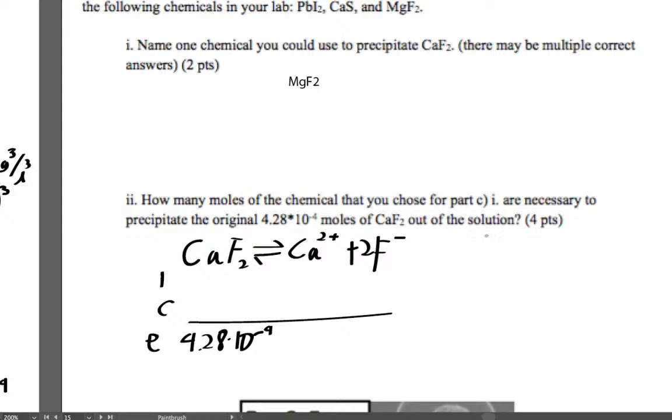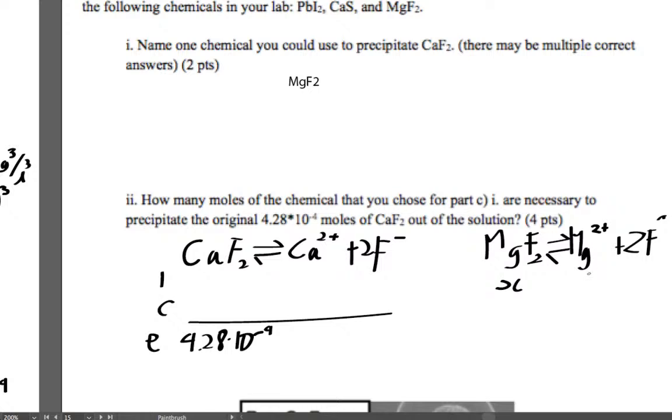And so this is the MgF2 equilibrium, Mg2 plus, and then you need 2F minus. We will assume this guy to be X because that's the one that we need to use.